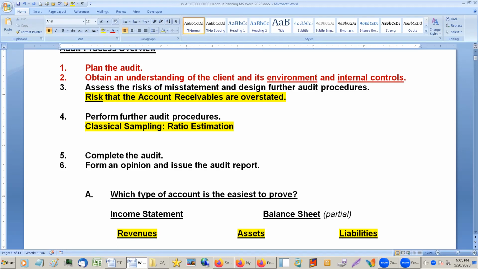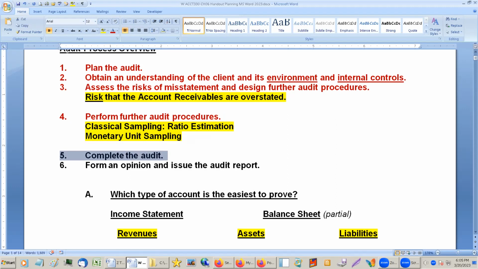We could also do the monetary unit sampling that we're still working on. So we're assessing these risks. And then after we assess them, we're performing the audit procedures, we need to figure out whether they are overstated or not. So we may do some sampling, try to figure that out.